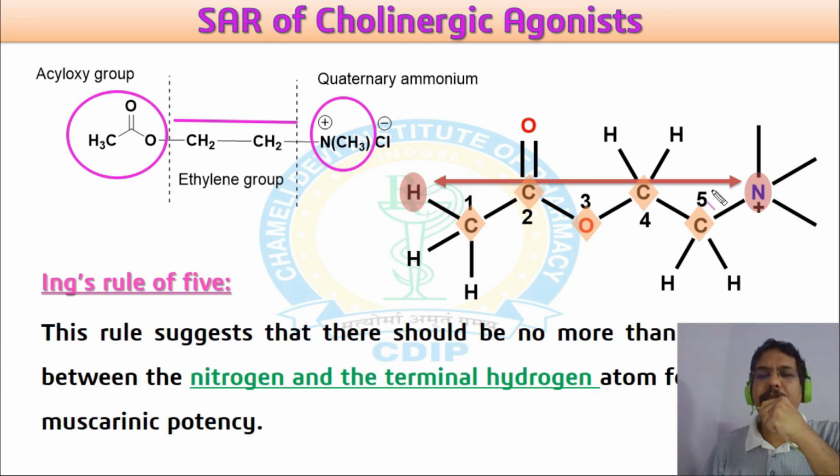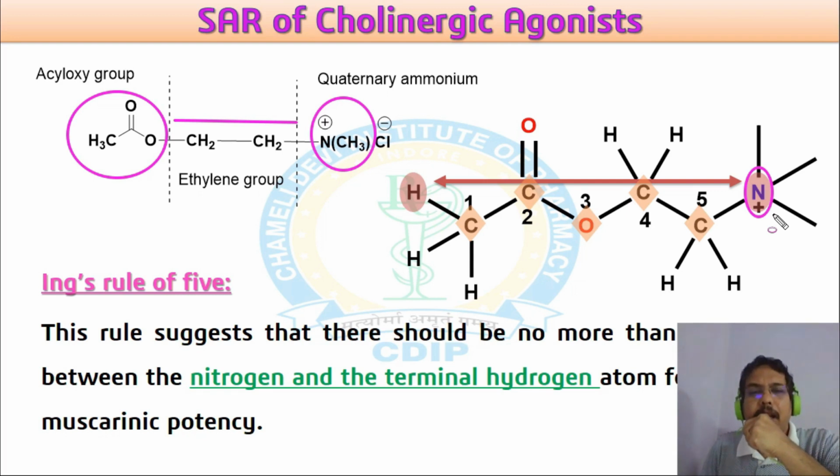Young's rule of 5 is given for the cholinergic activity, and this rule suggests that the distance from the quaternary nitrogen to the terminal atom should not be more than 5 atoms.